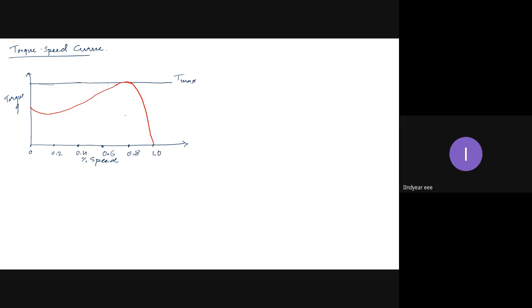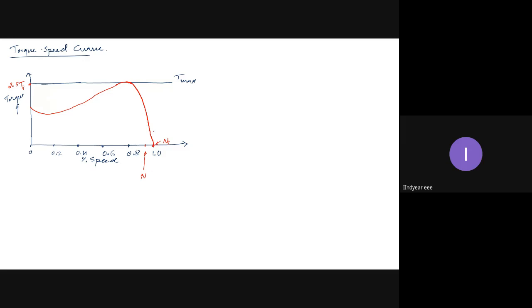So here the T max value is 2.5 times Tf, that is full load torque. Here let this be the speed, so here it is Ns. When the rotor speed is equal to Ns, the torque developed is 0 because the rotor stops.